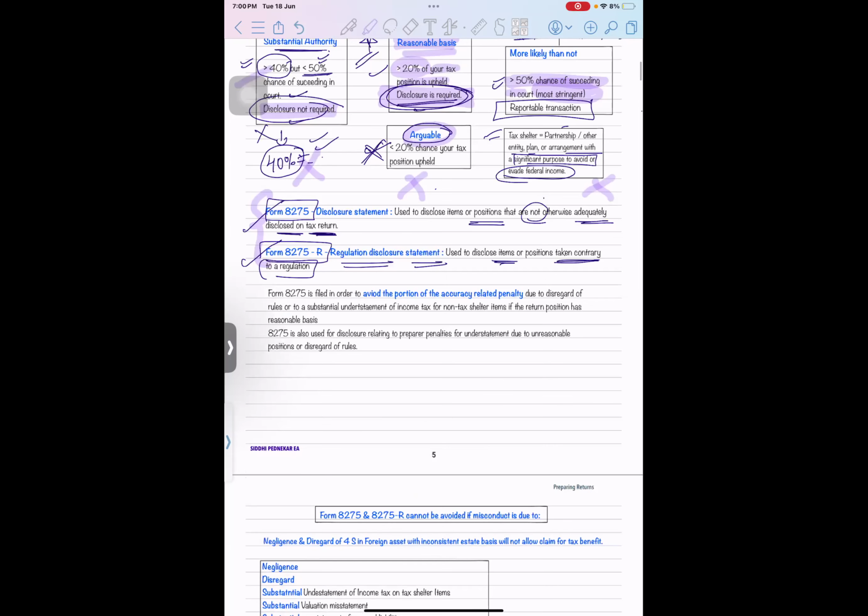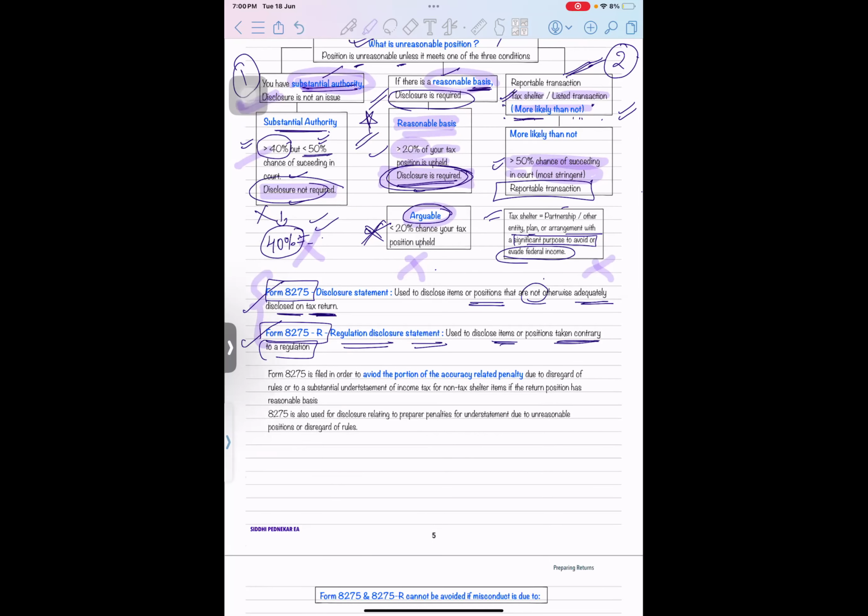Once you file this, we'll see the penalty chart properly tomorrow maybe. There you will see, as soon as you file this, you will avoid the portion of accuracy related penalty, due to disregard of rules or substantial understatement of income tax for non-tax shelter items, if the return position has a reasonable basis.